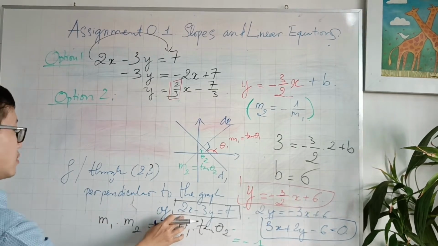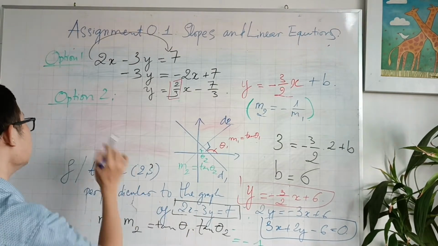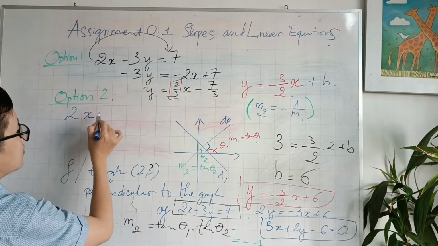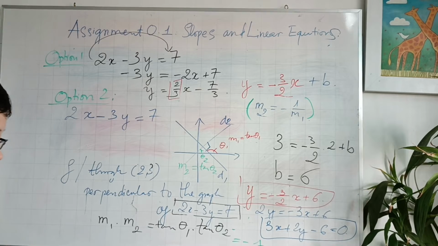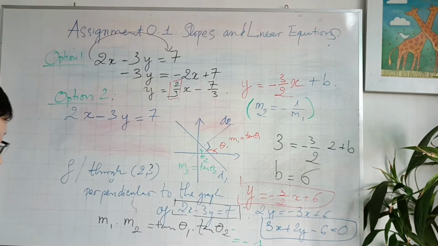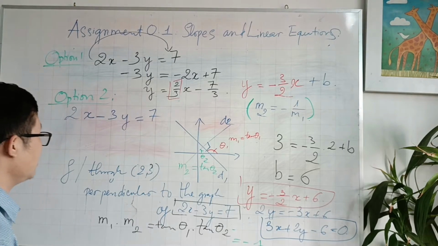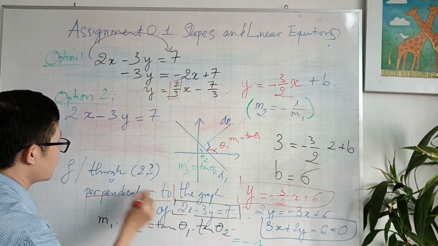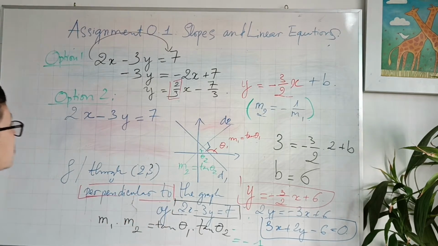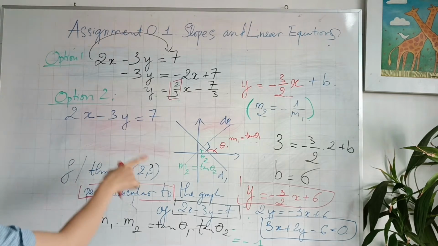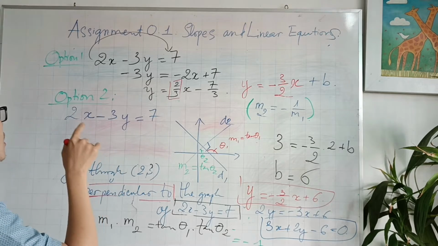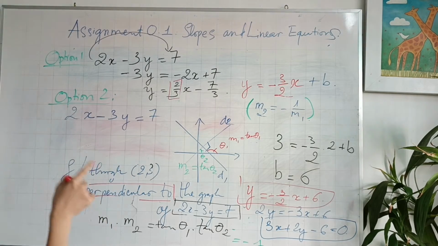The question has a line 2x minus 3y equals 7. So when you see the term perpendicular here, you just exchange the coefficients before x and y and change the sign of only one of the two coefficients.